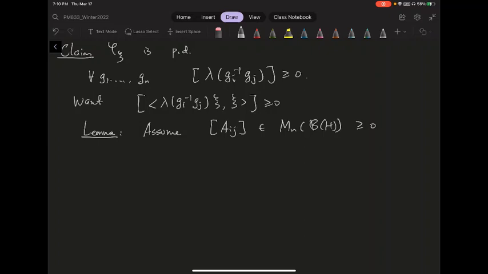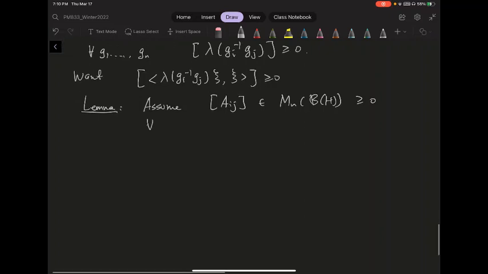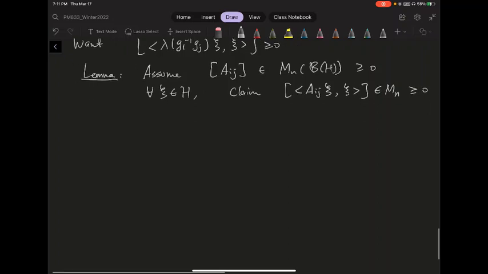Then for every psi inside this H, I claim that if you replace each Aij by the inner product of Aij psi with psi, that becomes an n by n scalar-valued matrix, and that's still going to be a positive definite matrix. Why is that? It's pretty much obvious. Let's just prove this little lemma.